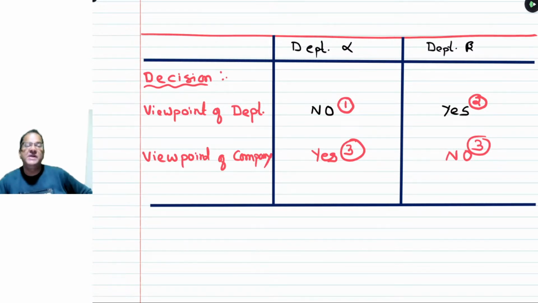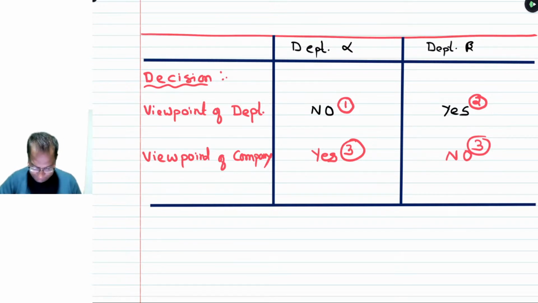So the company's view, all the students have given the correct answer, that the ROI of new investment is very important, beta, not the existing one. If the ROI of new investment is more than the company's cost of capital, then definitely the company wants the department to make the new investment. Write down, beta, third point.